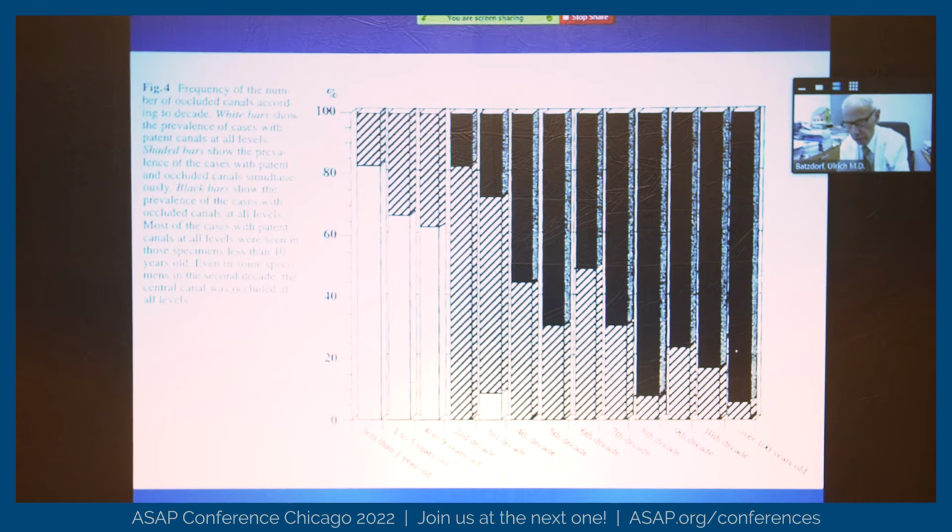And you can see over on the right side, by the time the person reaches age 10, less than 20% of people still have a residual central canal. But that said, in this study out of Japan, there were people who were over 100 years old who still had a small remnant of the central canal. And this is a very important thing for all of us to understand. Next, please.